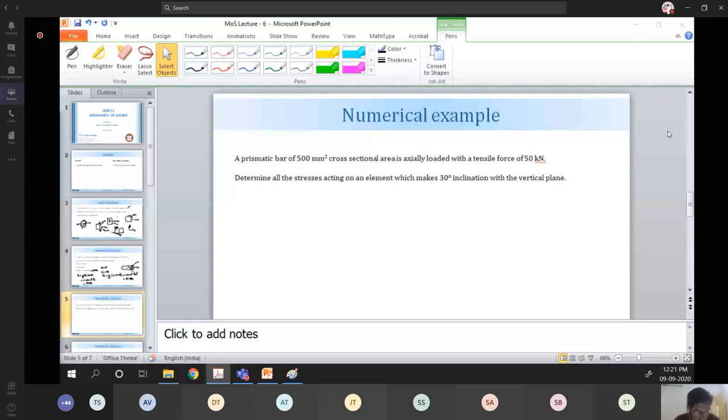Just give me some values, like what is P, what is A, etc. The formulas which we have to use.